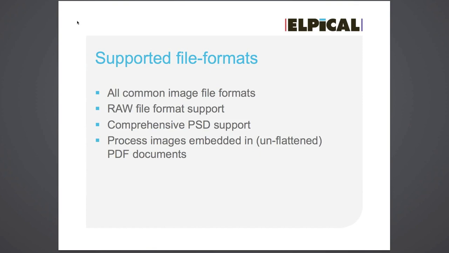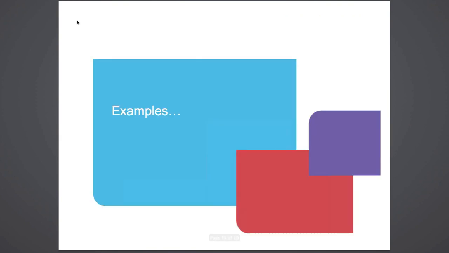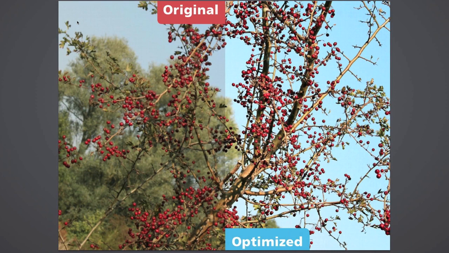Therefore, if you are processing PDF documents, those PDFs need to be unflattened PDF files. We have some examples here, but I would much rather go to additional examples during the demo.